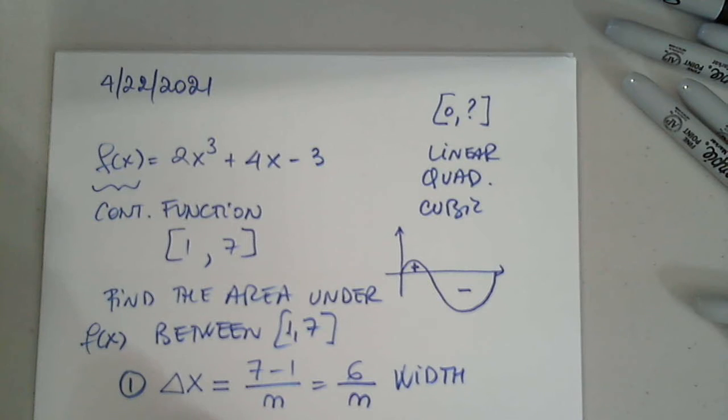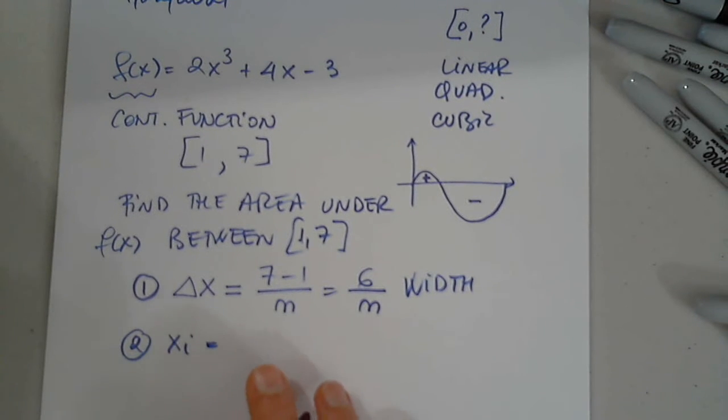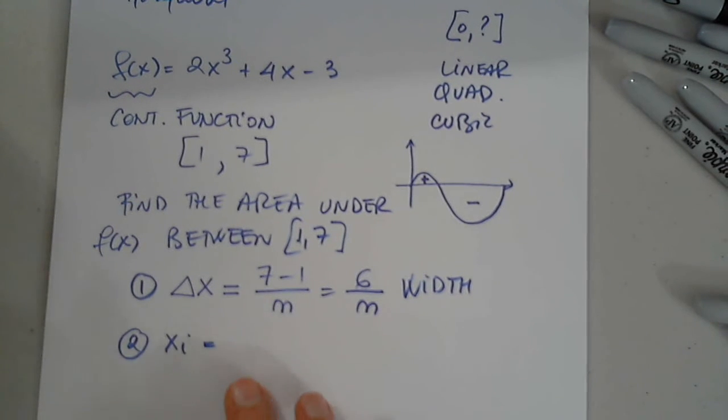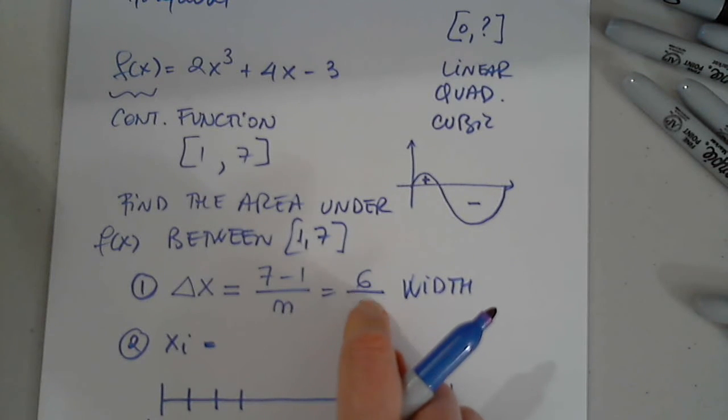Number 2 is xi. We know now, and if you want me to show again how we get xi, please. Do I need to show again how we get xi? Yeah, can you do that, please? Of course. The interval is between 1 and 7, and it's divided up in n subintervals. All of them have this width.